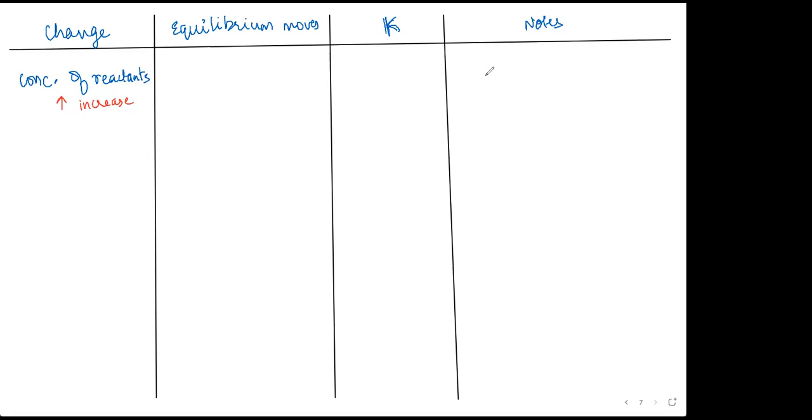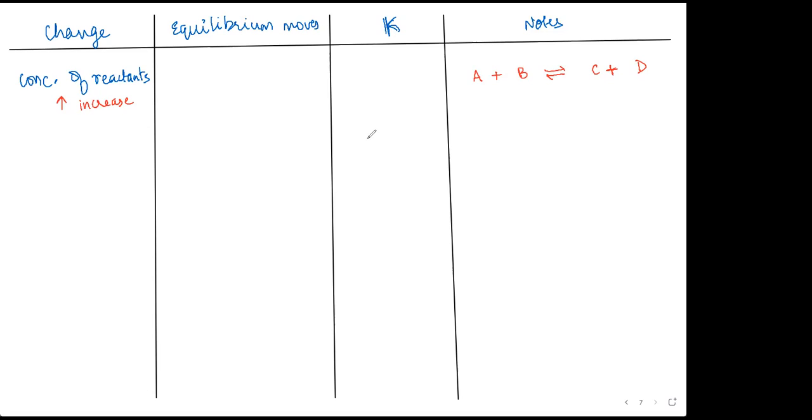I'll put the reaction here for reference: A plus B gives C plus D. So if I increase the concentration of the reactants, which reaction will be favored, the forward reaction or the backward reaction?